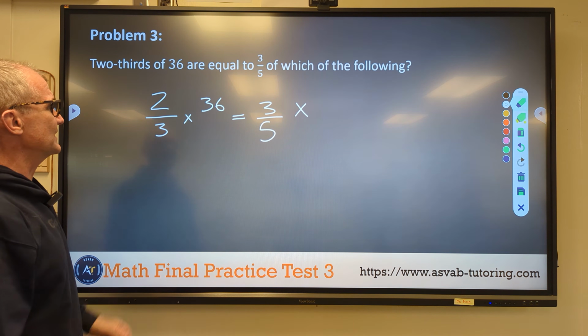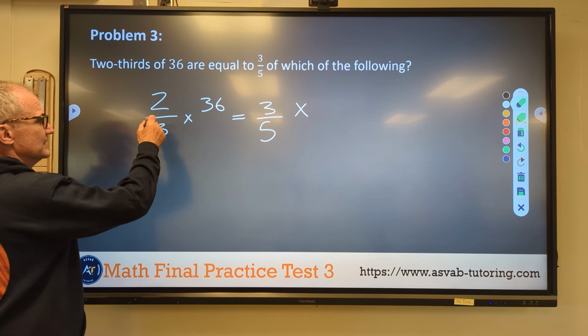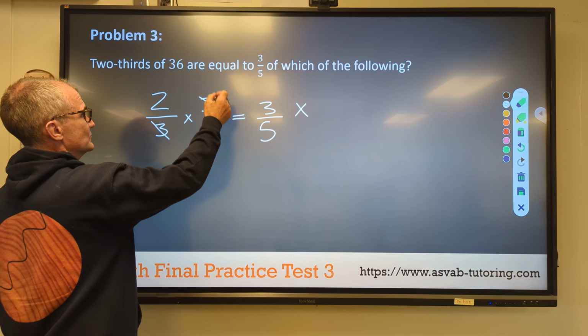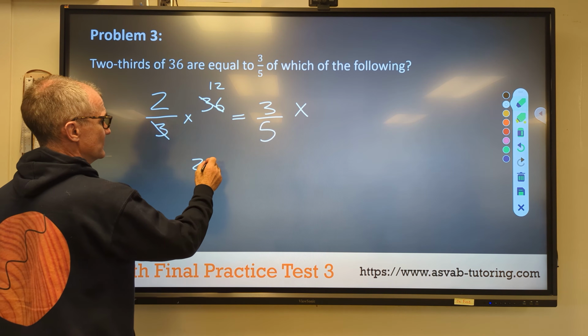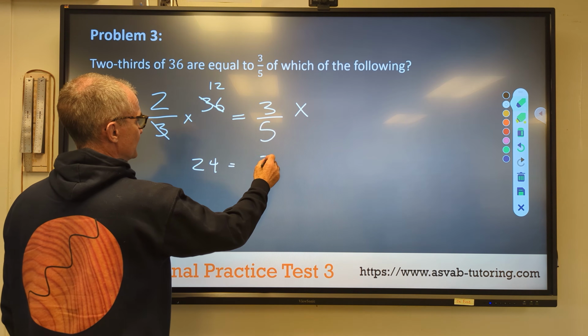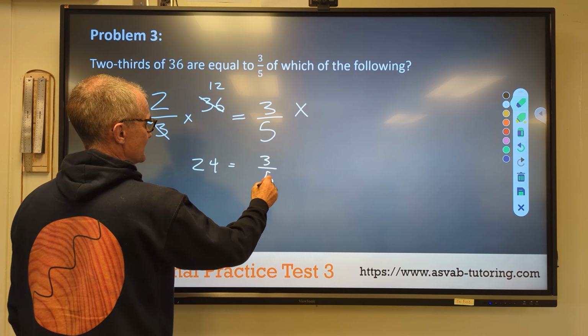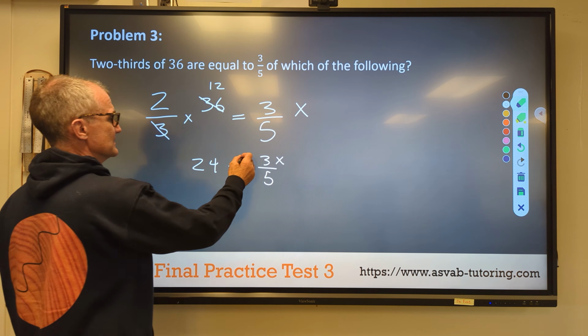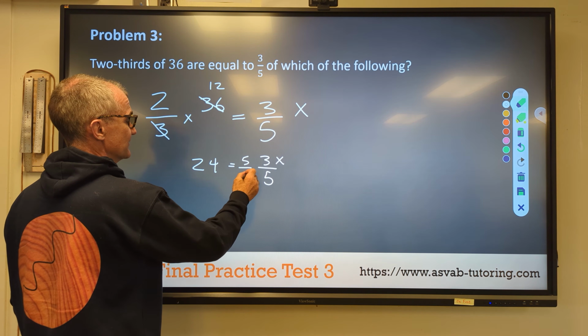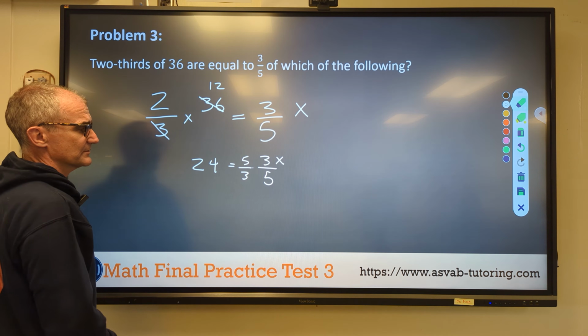So I could simplify a little bit here. 3 goes into 36 12 times. 2 times 12 is 24, is equal to 3/5 times x. I can multiply both sides of the equation by 5/3, multiplying by the reciprocal there.